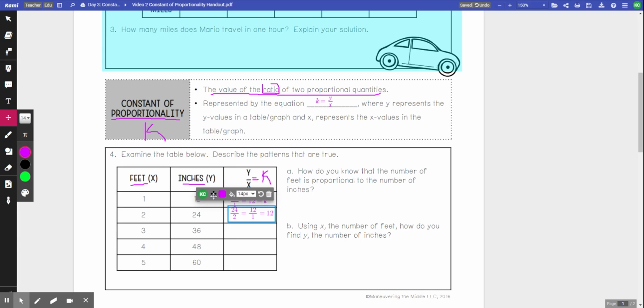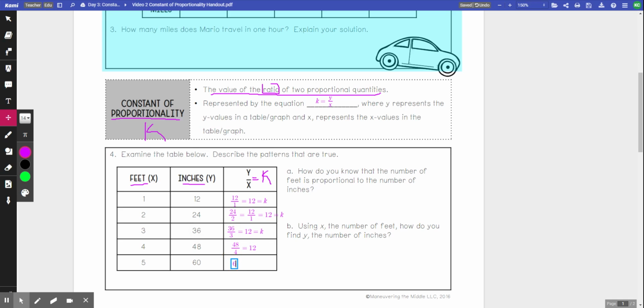Get where I'm going with this? Let's keep it going. 36 over 3. Let's skip the in-between step here, guys. 36 divided by 3 is 12. And let's do our next one. 48 over 4. Guess what that simplifies to? 12. Are you shocked? I hope not.